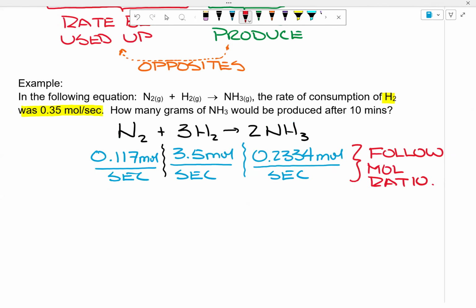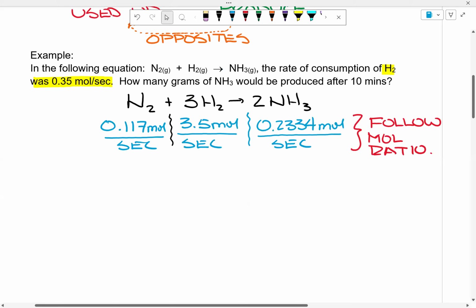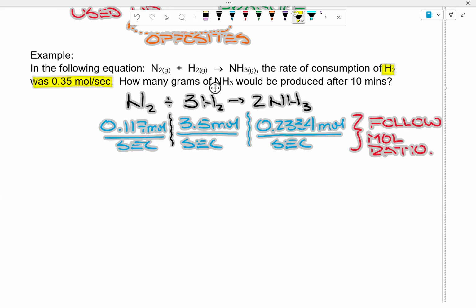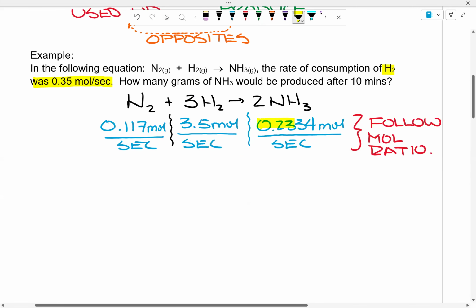Okay. Now, once I figured that out, if I need to focus on the NH3, that's what I have here.